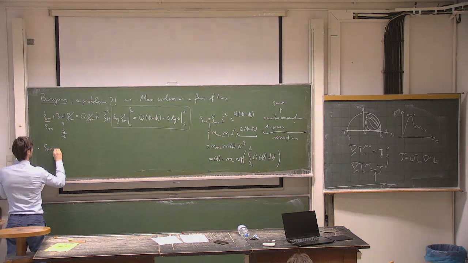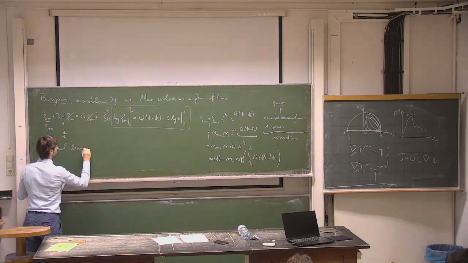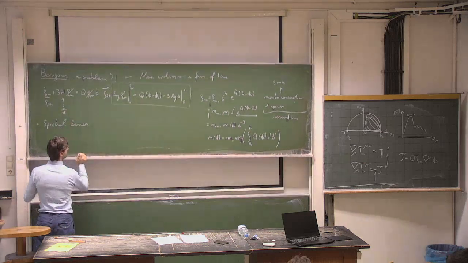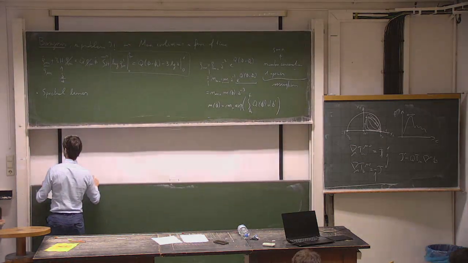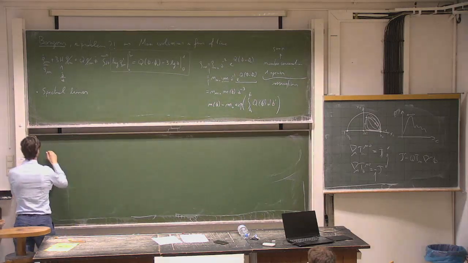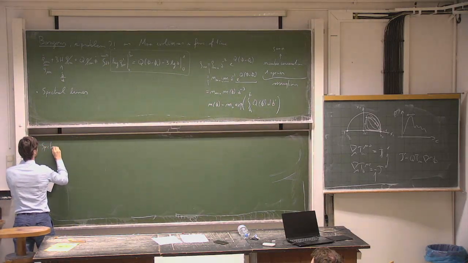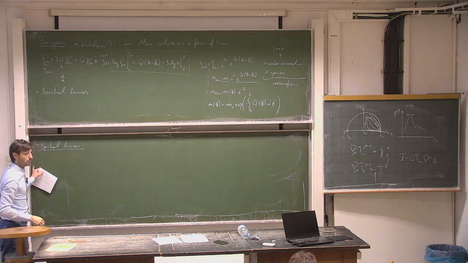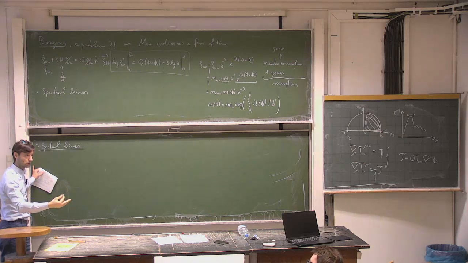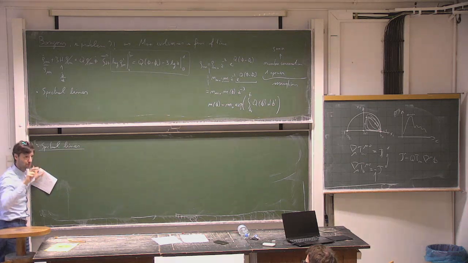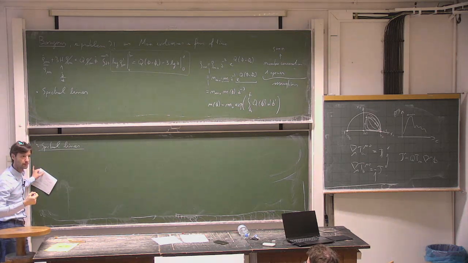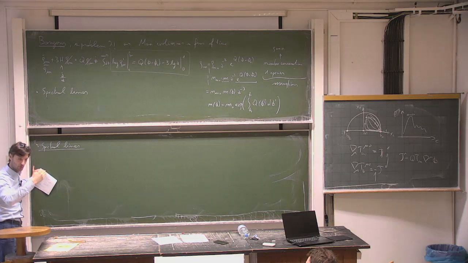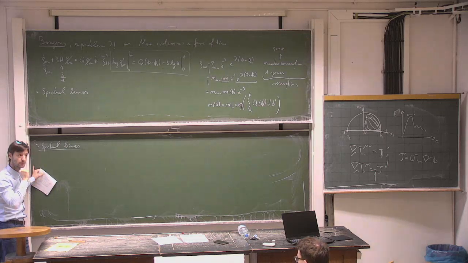Let's see, spectral lines. We can take, for example, the Rydberg constant. If you take a hydrogen atom, the Rydberg constant, which tells you basically the radius of your atom, depends on the mass. And the position of the lines in the transitions depends on the mass of the electrons.